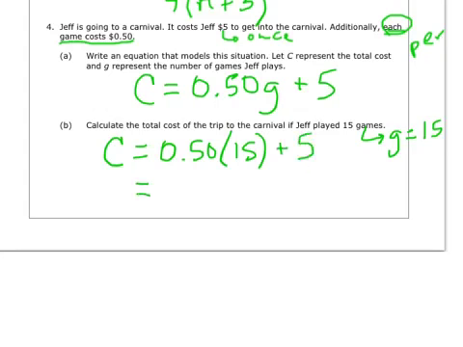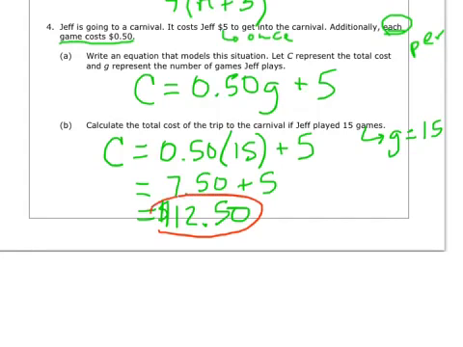Okay, 50 cents times 15, let's see, half of 15 is going to be 7.5. So 7.50 plus 5 is $12.50. So his total cost is going to be $12.50, and you're done.